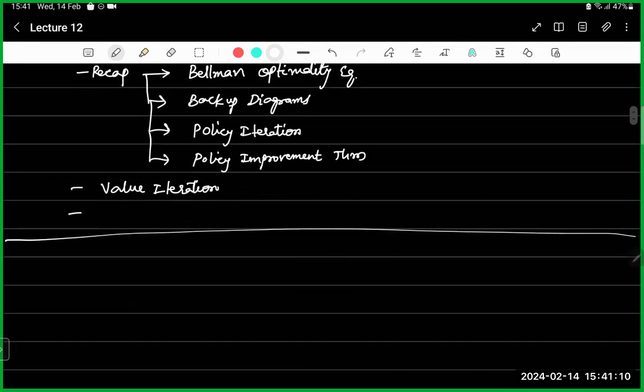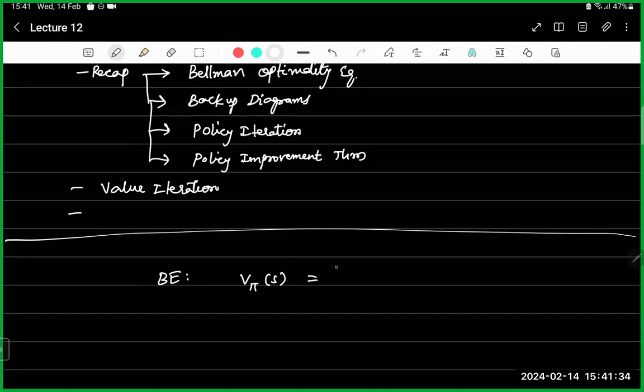So, what is the Bellman optimality equation? Do you remember? First, the Bellman expectation equation. The value function of a policy pi in a state S is equal to what?